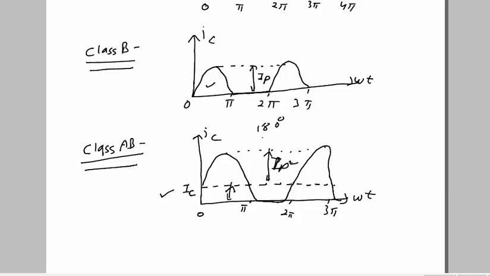Thus the transistor conducts for an interval slightly greater than half a cycle. You can see here, half cycle is complete and it is working beyond that. So the resulting conduction angle is greater than 180, but much lower than 360.